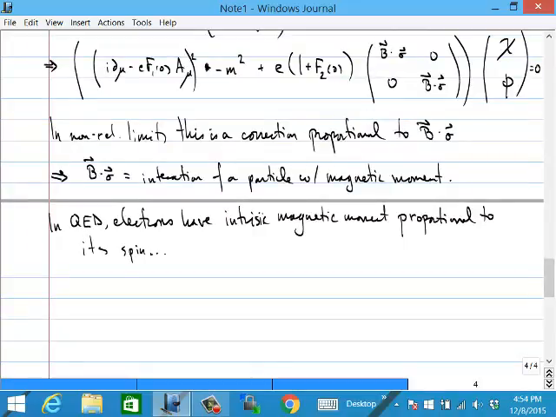In particular, the typical way that we characterize a magnetic moment is as follows.